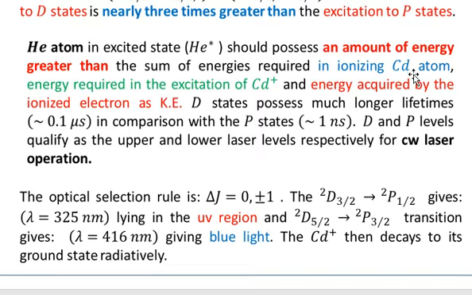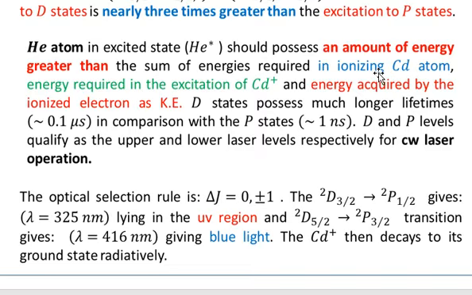Number one, the energy used in ionizing the cadmium atom; the energy required in the excitation of the cadmium ion; and the energy acquired by the ionized electron as kinetic energy. So the helium atom should transfer energy such that it is at least equal to the energy of these three processes.